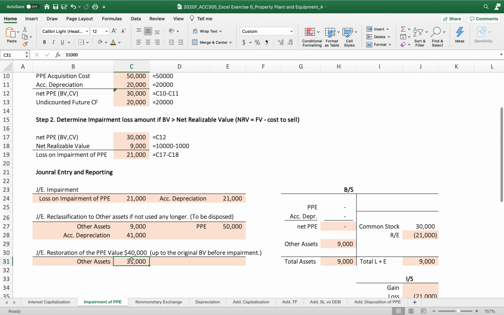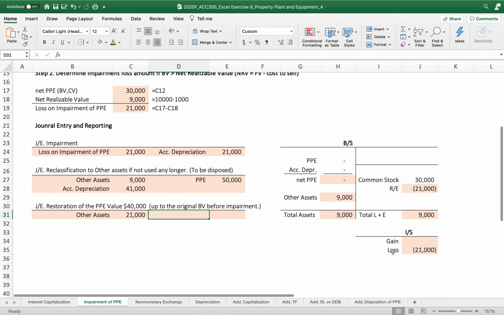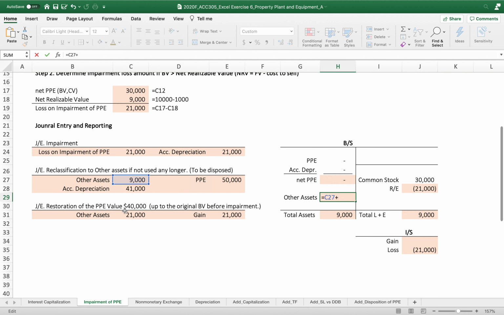So we should increase only $21,000, and we recognize the loss in the same way, but the opposite impact, gain $21,000. By doing so, we increased this other asset 21,000 and the gain 21,000.